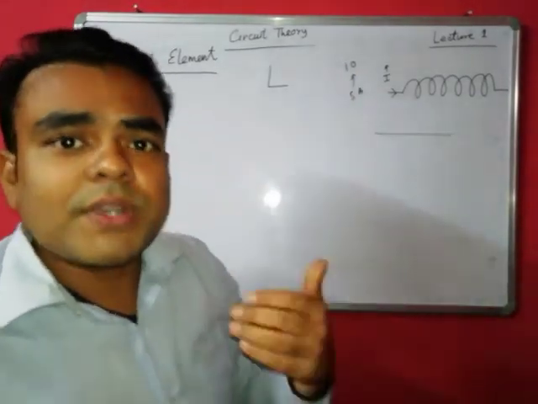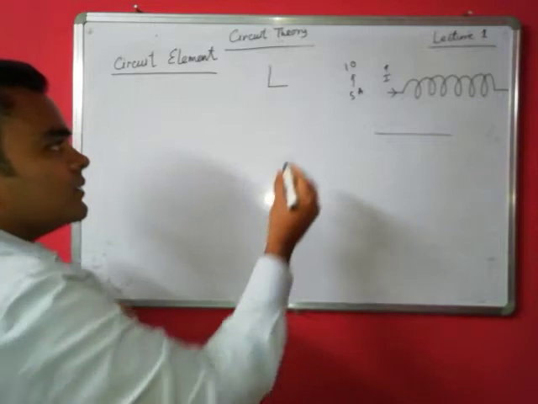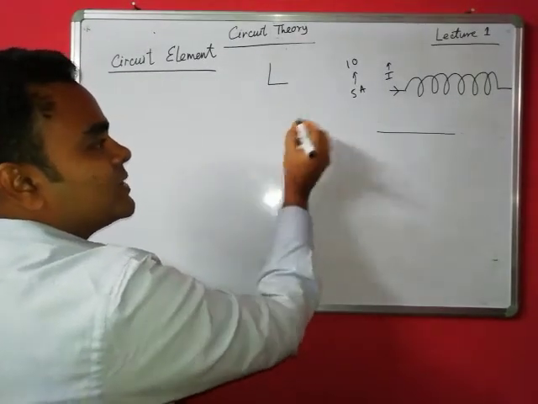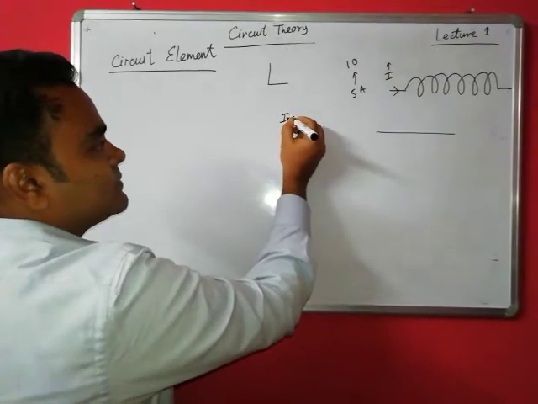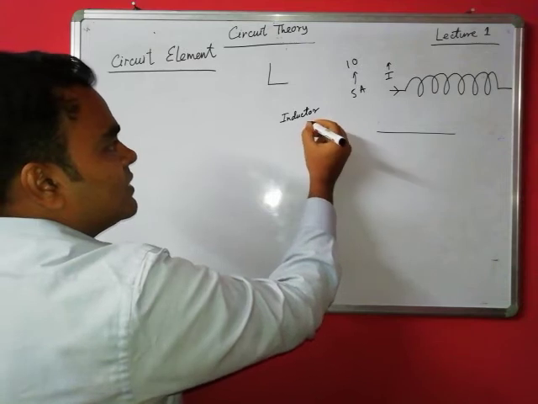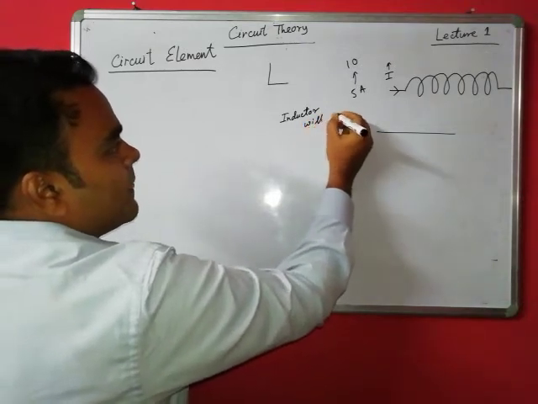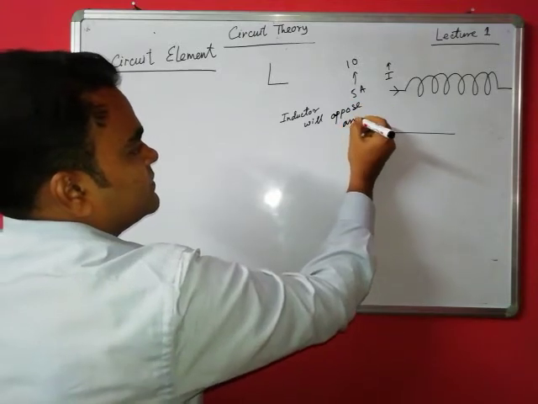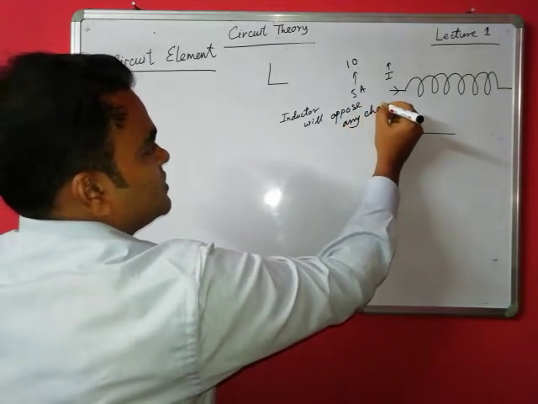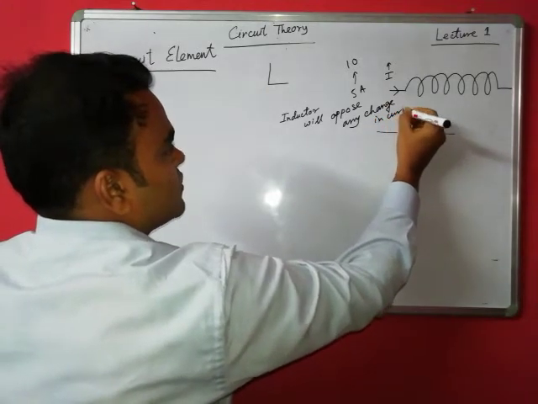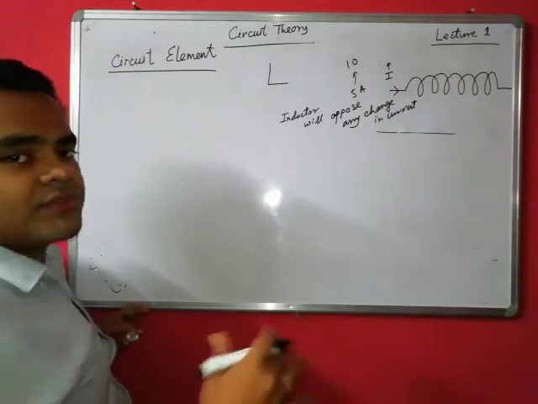So what is the property of an inductor? An inductor will always oppose the change in current through it. An inductor gives inductance, okay? Inductor will oppose any change in current. So what will happen whenever a current tries to change?